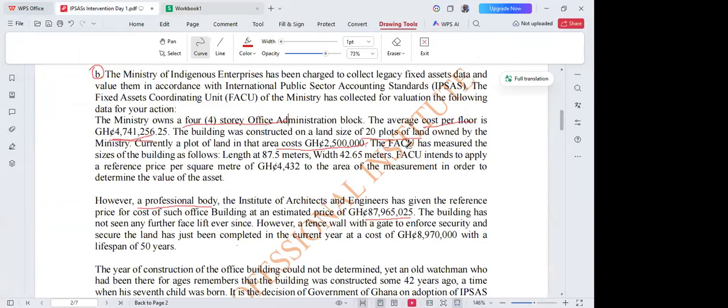Then we're told that the fixed asset coordinating unit, that's the FACU, have also given us a way to calculate for the building. They have given us the length, the width, and the reference price per square meter to be 4432. So we can use that to also estimate.